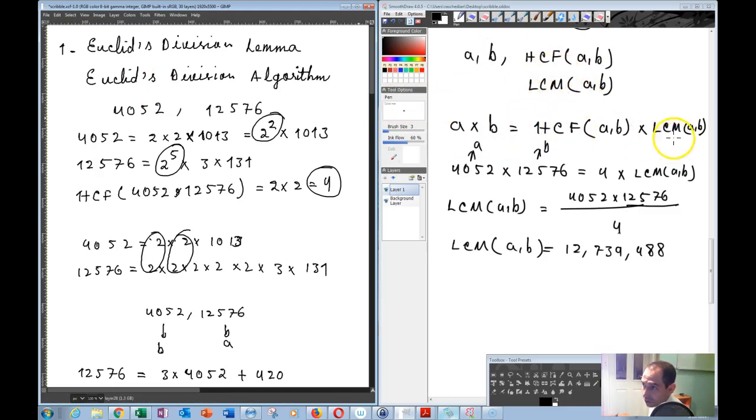We also showed that the product of two numbers is equal to the product of the HCF and LCM of those two numbers, and using that we also found the LCM. We also used HCF and LCM in two different practical situations: finding the number of columns in a marching band, and adding two fractions together.